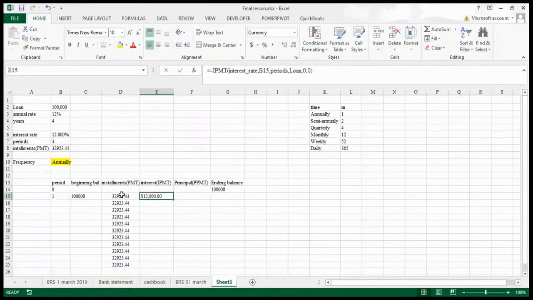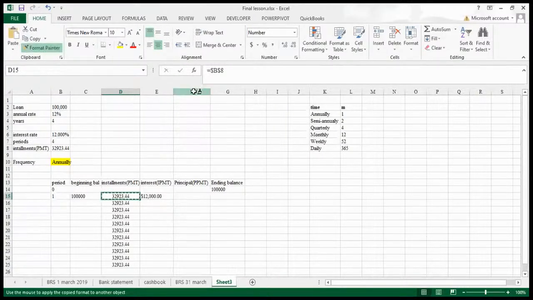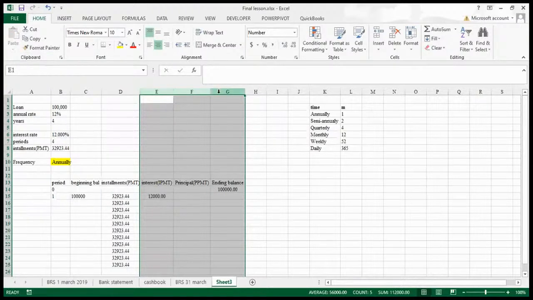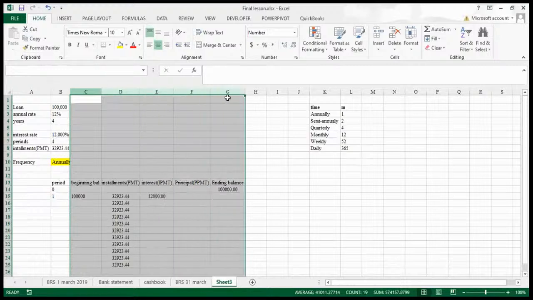If I want it to have this format, just place my cursor there, move to Format Painter, highlight the whole of this column, these three here, to have the same format. Or I can highlight this because these ones will be having some values of large amount.